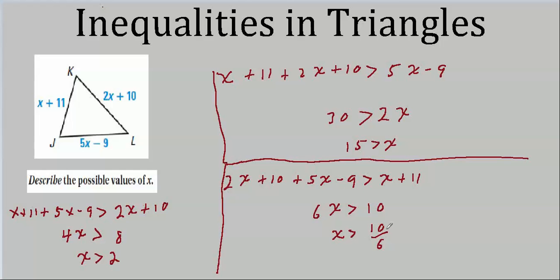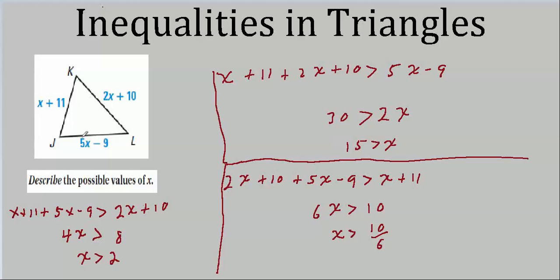And I may have. Yeah, seems to be right. This one says x is greater than 10 over 6, which is less than 2, like 1 2/3. And we set up a similar equation here, that this side plus this side is greater than this side, and we get that x is greater than 2.